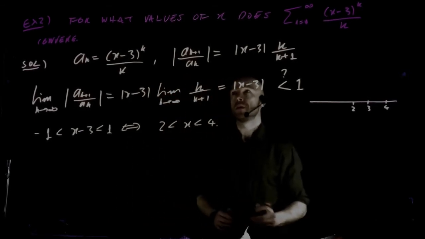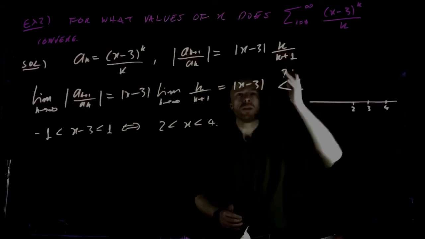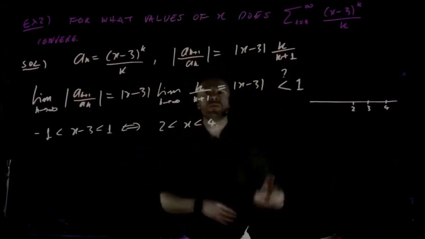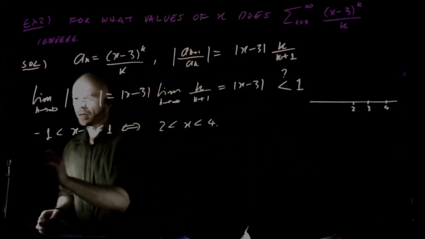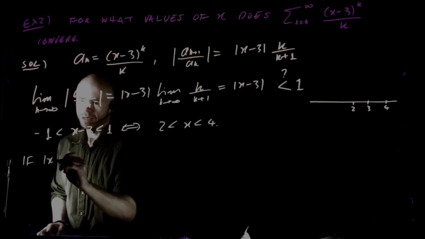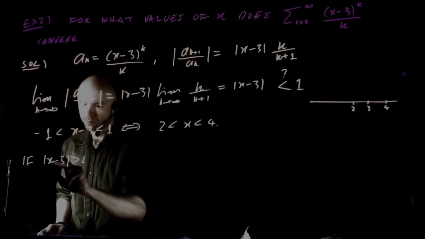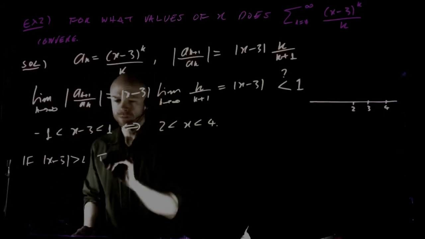Right? But the question is, for what values of x does this converge? So we also know by the ratio test that if this limit is strictly bigger than 1, which is equivalent to mod x minus 3 being bigger than 1, so let me write that down. So if mod x minus 3 is bigger than 1, then it does not converge.